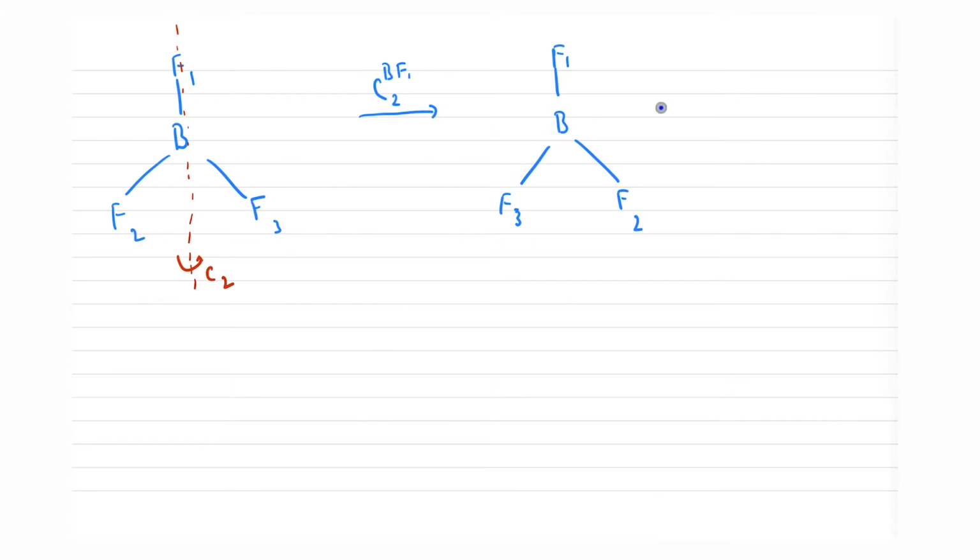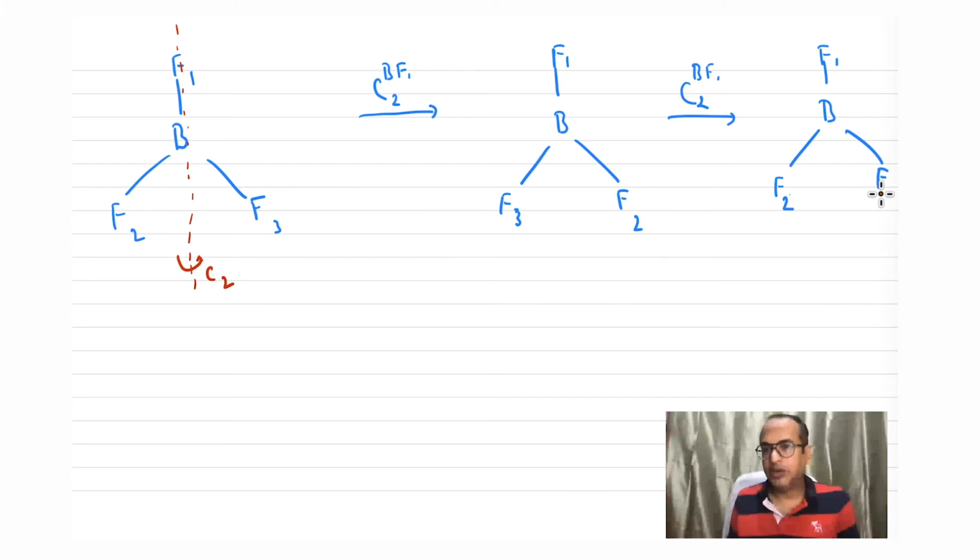Okay. Now similarly we can keep on doing other operations. So if we continue with C2 BF1 again, we will see that we will get, so I'm not moving BF1. So what should we write here? So this will be 2 now, and this will be 3 over here, right?